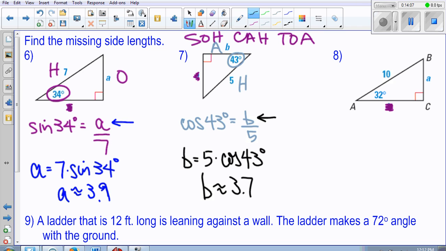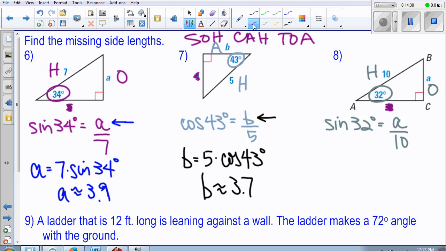In the last problem over here, again, the first thing you're going to want to identify is where my angle is, and then label the side lengths that you're given in the problem. The A is your opposite side. Your 10 is your hypotenuse. Anytime I have O and H, we're talking about sine according to SOHCAHTOA. So I do sine of 32 equals opposite over hypotenuse. So in this triangle, A over 10.